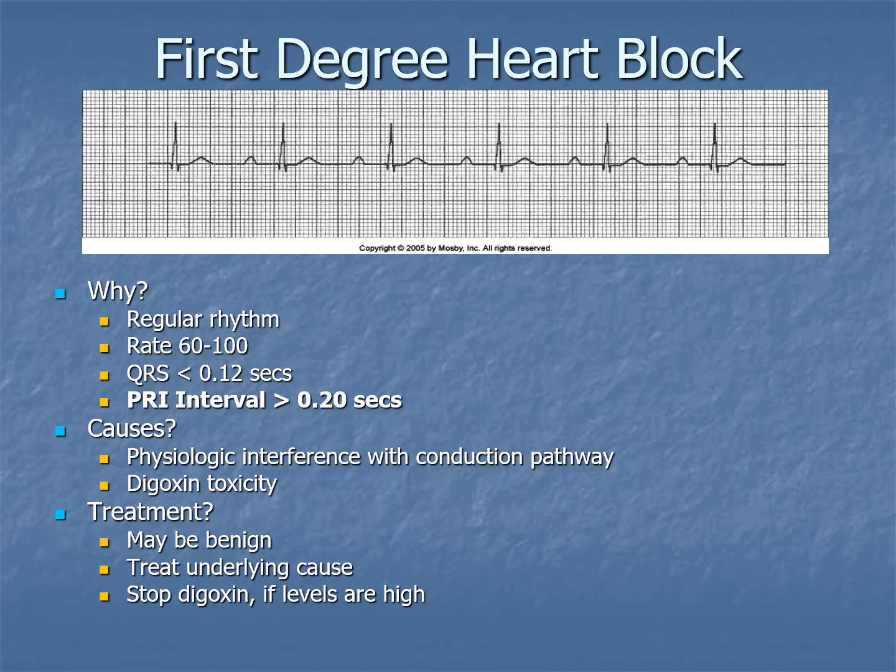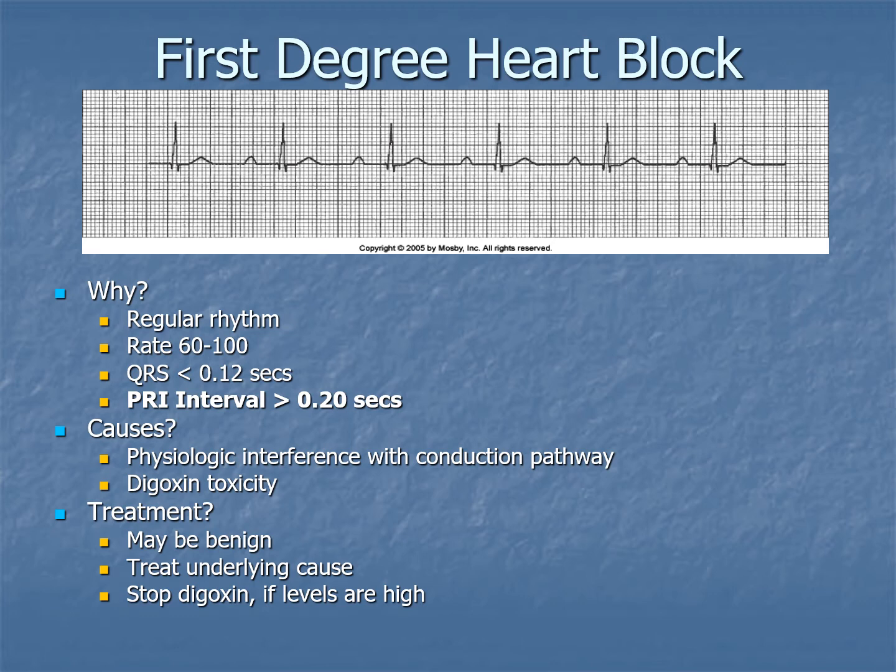Again, everything else looks fine, except you have an elongated PR interval. The causes can be physiologic interference with the conducting pathway. So if someone had an MI, it affected the conducting pathway in a manner that manifested as just a prolonged PR interval.